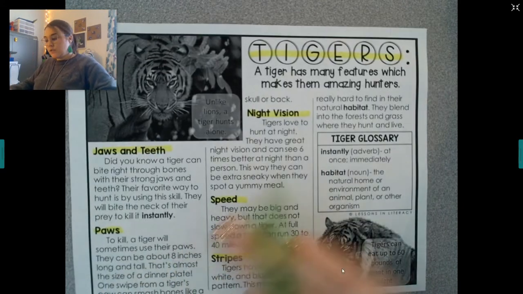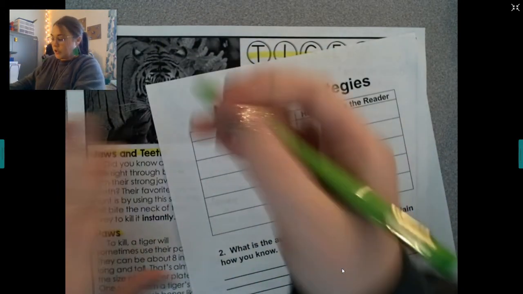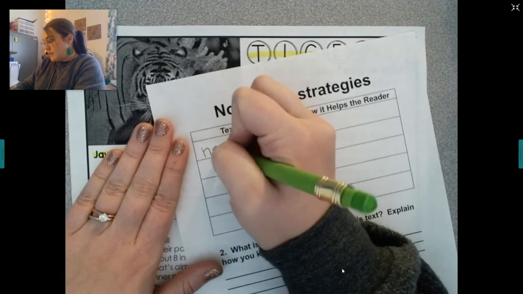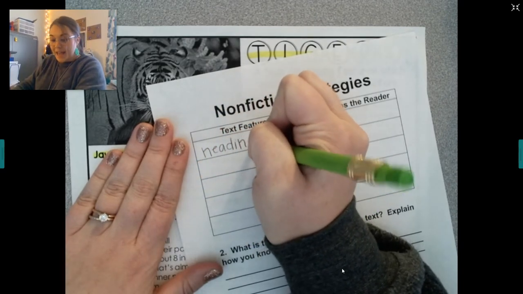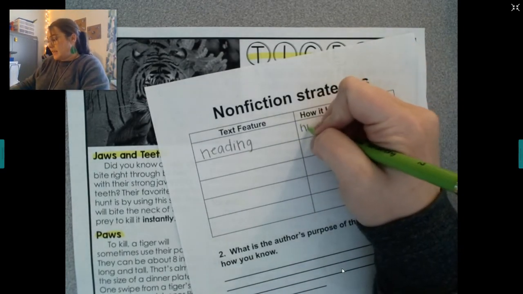So my first text feature I'm noticing before I ever read, this is what I do. Text features first. I'm going to write down some text features I noticed. So I noticed a heading, and headings highlight the key points.